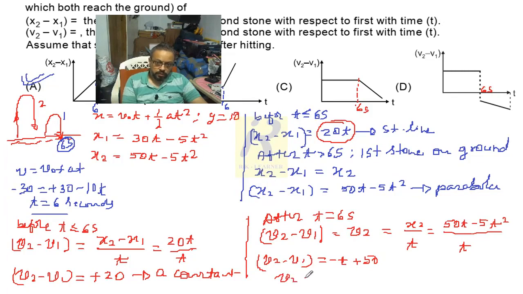Be careful, V2 minus V1 should be negative because the velocity vector is pointing downward. So this cannot be the graph, because here it is positive, but we may get negative here.